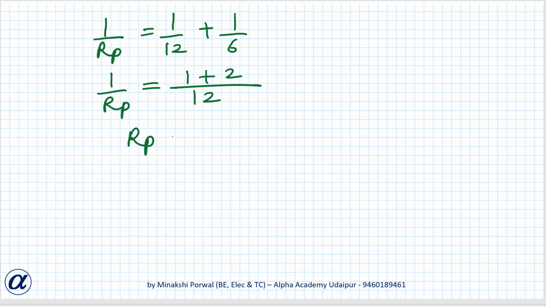So Rp equals 12 by 3, that is equal to 4 ohm.